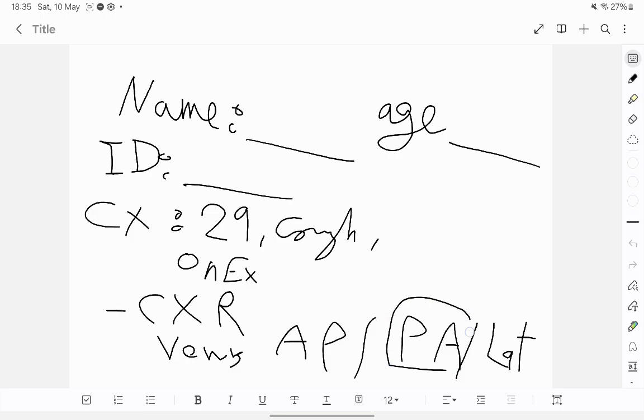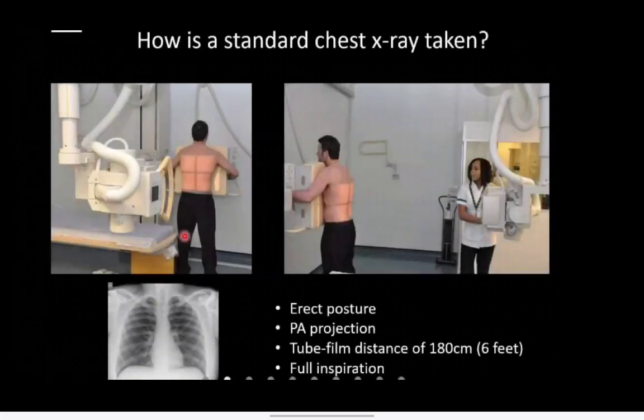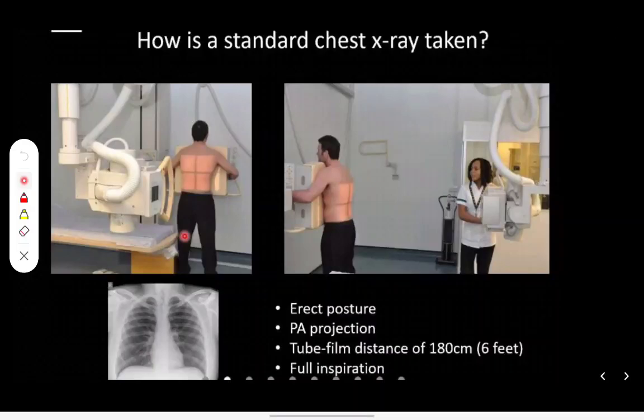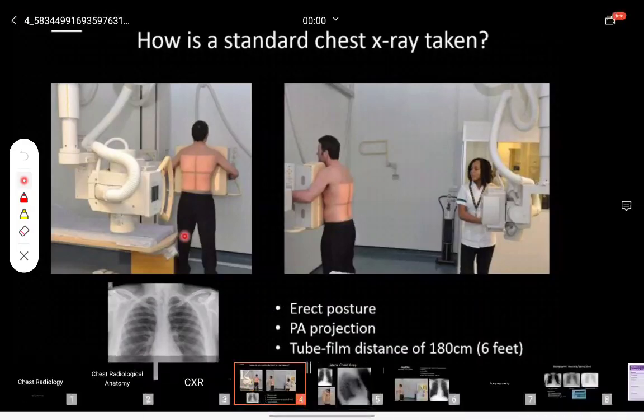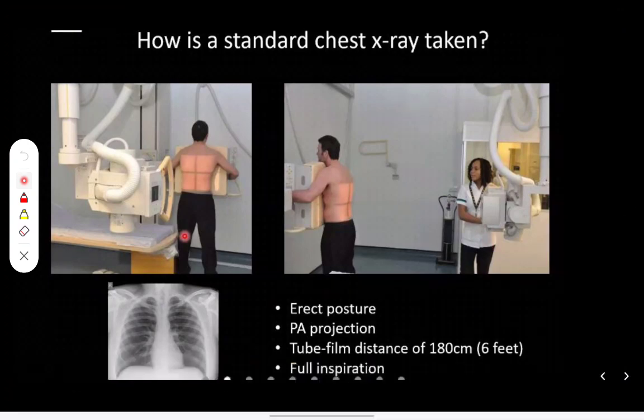Routinely we start with posterior anterior chest radiograph. Let's see why. Starting with answering the question, how is the standard chest x-ray taken? X-ray is taken while the patient is erect, standing upright, in posterior anterior projection.